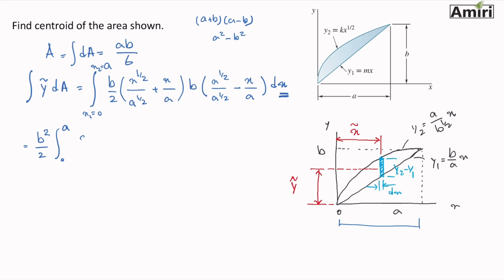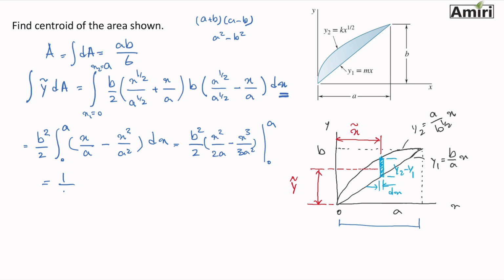As a result, I'm going to have x over a minus x squared over a squared. Much simpler, dx. All right, so my integral is going to be b squared over 2. I'll do it a little bit faster here. Please pause and do it yourself if you would like to do the math a little bit slower. 0 to a. As a result, this is going to be 1 over 12 a b squared.